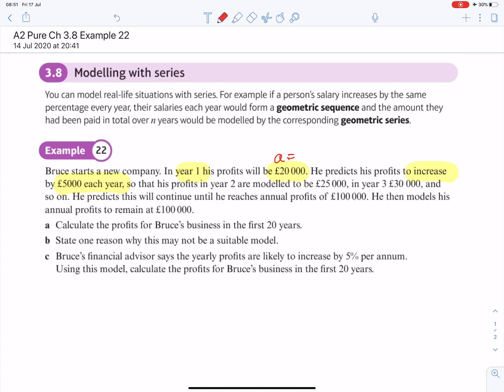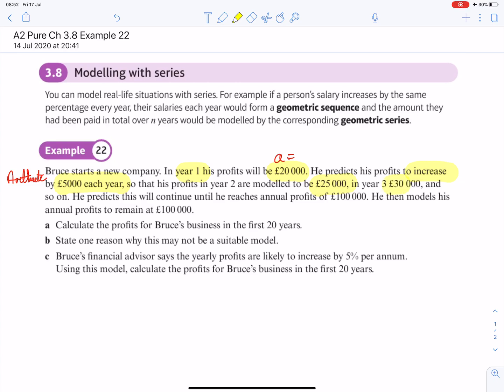So I'm now thinking this is an arithmetic kind of context because it's increasing by the same amount each year. So his profits in year two are modelled to be £25,000, so that's gone up by 5,000.